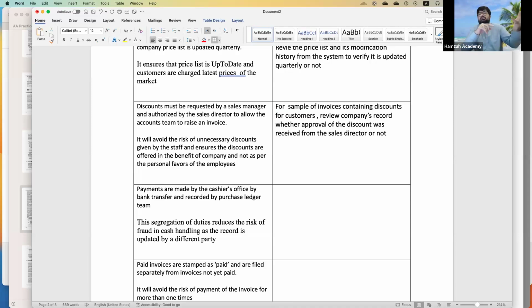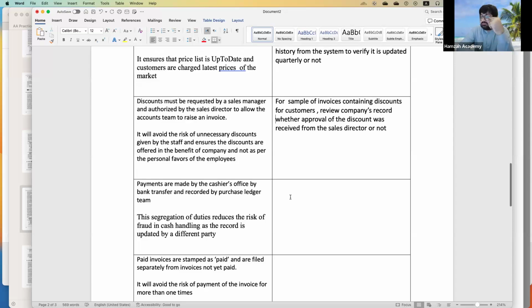The review emails, review approval, invoice, or some form. But where they have not mentioned, here we have to write company's record, generic. We can't write generic where the specific document is mentioned. And where specific document is not mentioned, we have to write generic.